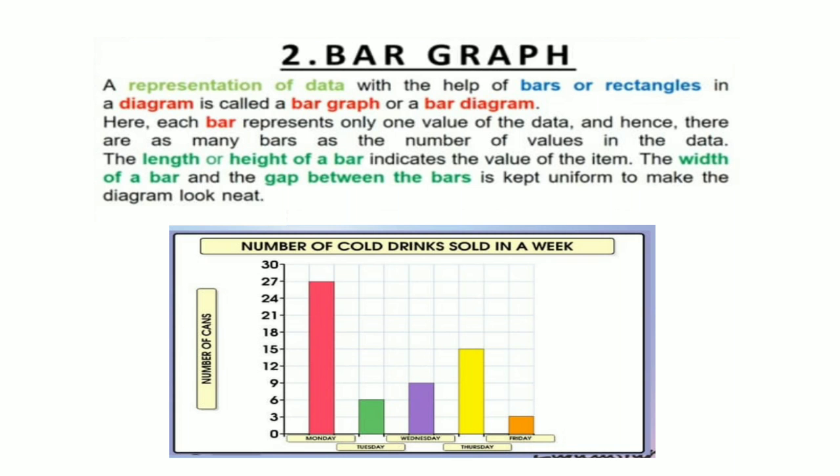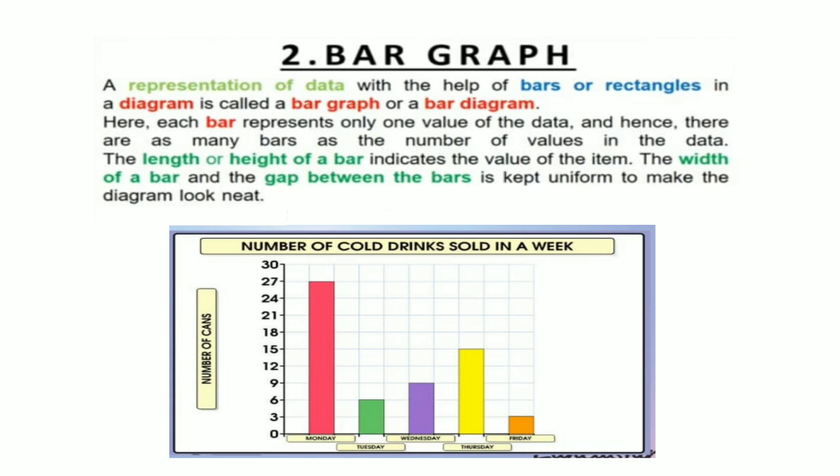The length or height of a bar indicates the value of the item, and the width of a bar and the gap between the bars is kept uniform to make the diagram look neat.